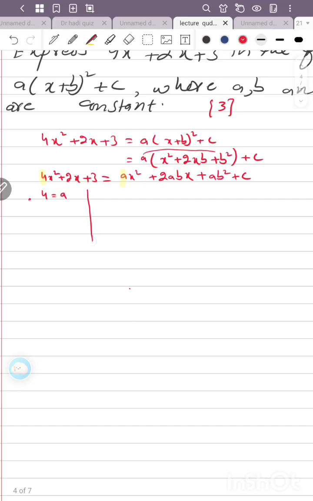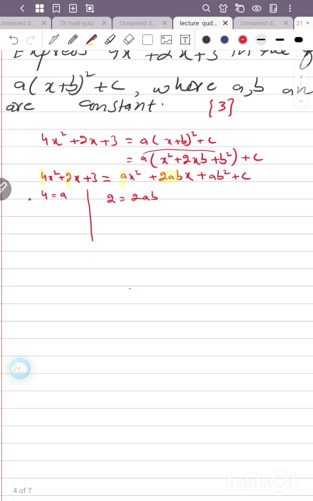Okay, now second one, we should compare the coefficient of x. On the left side you can see that the coefficient of x is 2. On the right hand side the coefficient of x is 2ab. We just write 2 equal to 2ab.